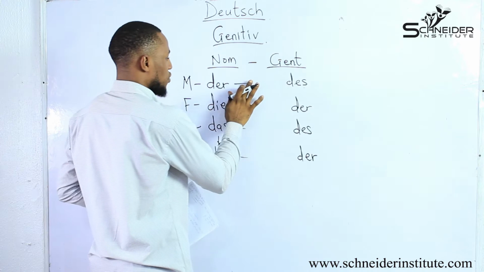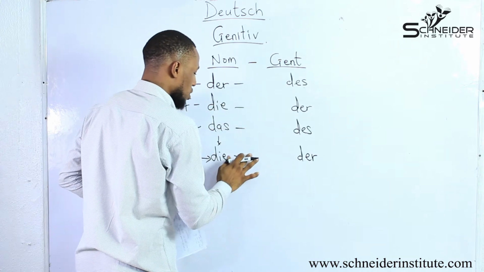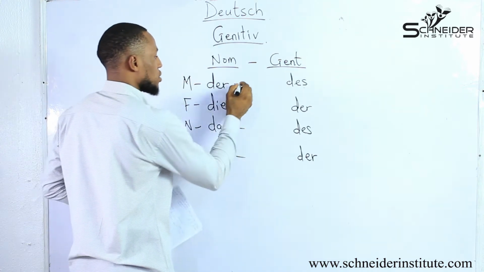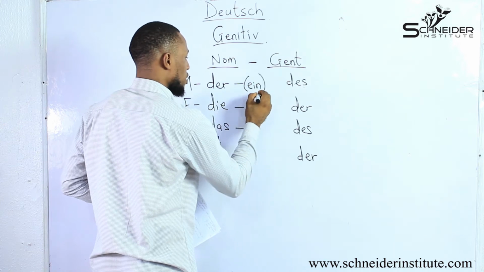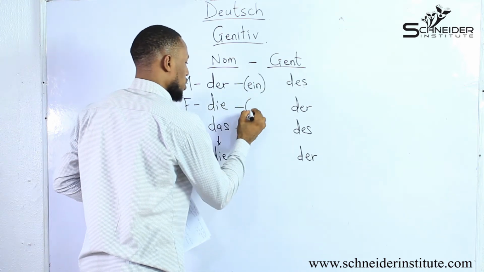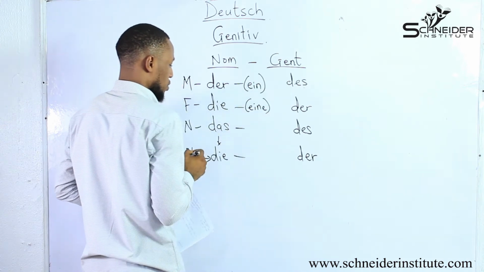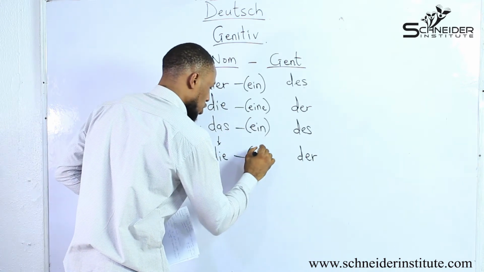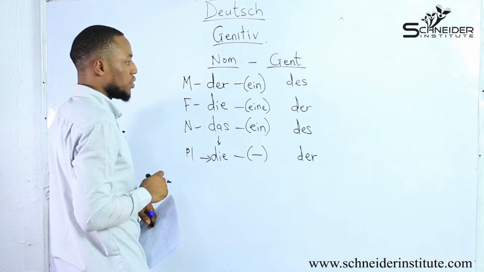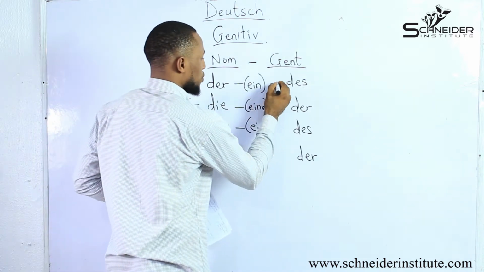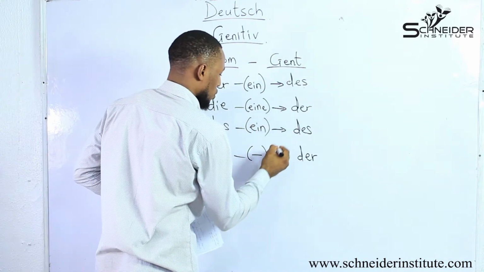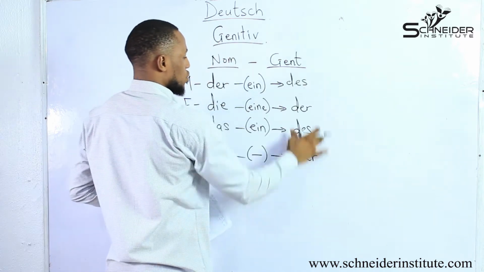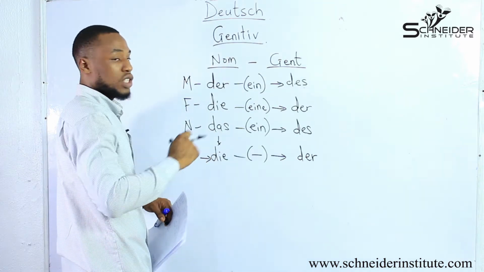Now the indefinite form, I'm going to include that here in a bracket. The indefinite article: for masculine we'll have ein, for the feminine we'll have eine, and neuter remains ein just like masculine, and then the plural doesn't have an indefinite form. Now over to the indefinite article for the genitive form.